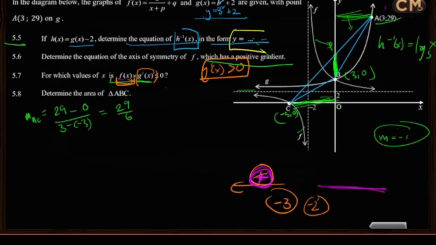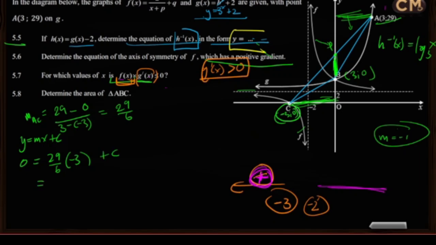From that we can use y = mx + c and sub all of this in. That is going to give us 0 = 29/6 times minus 3, plus c. Of course, we are using point C over here with coordinates (-3, 0).